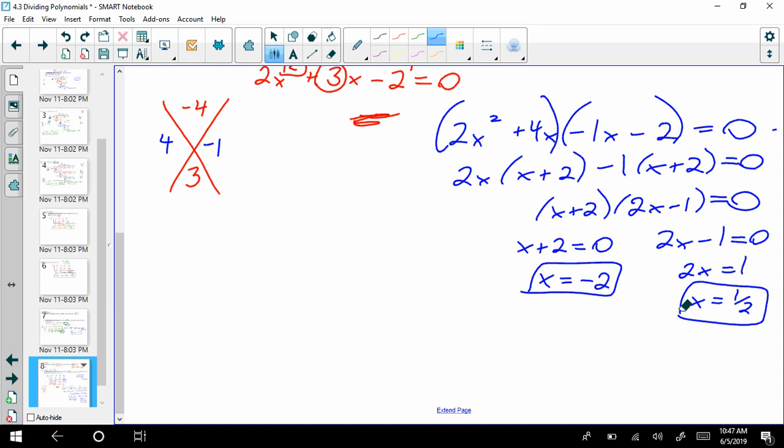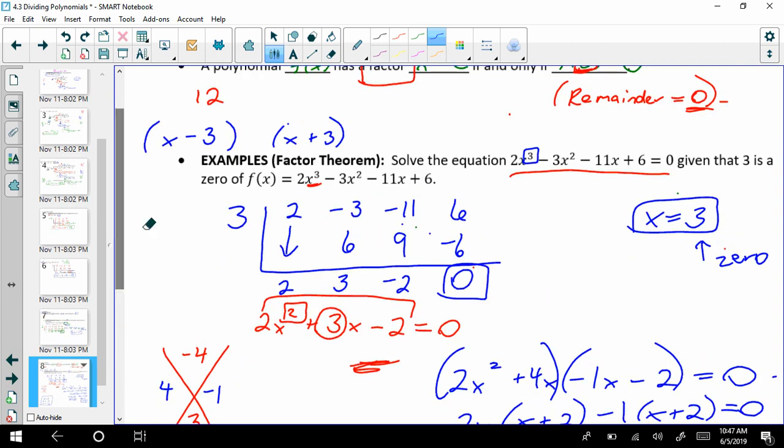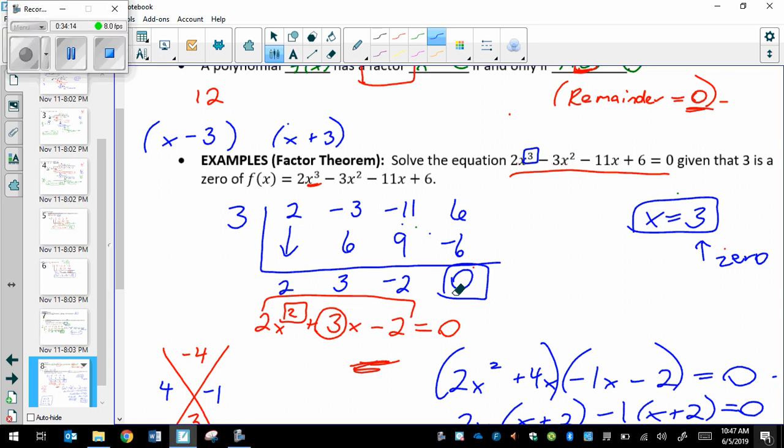So total, if I was answering this question, I would say my answers are 3, -2, and 1/2. They gave me one of them, I found the other 2. If you still weren't sure if you did this right, if you check any of these answers with synthetic division, you better get 0 out as the remainder, because that's what a 0 means. It's a factor.